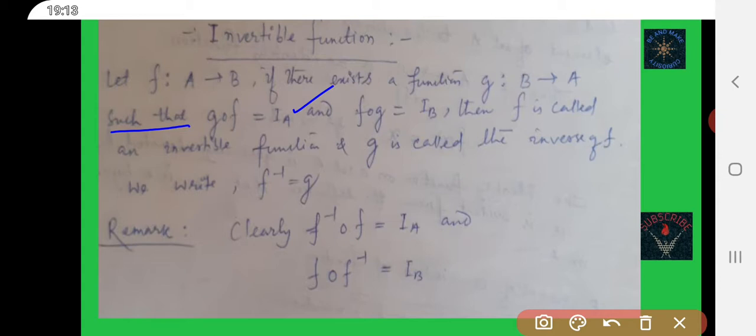then f is called an invertible function and g is called the inverse of the function f.